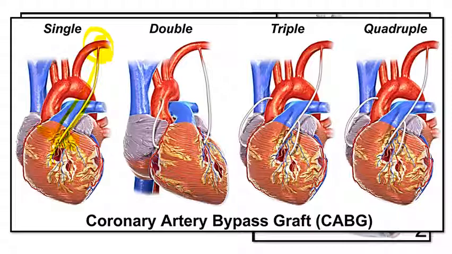Easy, right? If you do that twice, we'll bypass this, and then maybe there's a blockage here, we'll take another one and put it over here on this side. We'll bypass that, that's a double bypass. If you do it 3 times, that's a triple bypass. If you do it 4 times, that's a quadruple bypass. Right, so these are coronary artery bypass grafts, or CABGs.